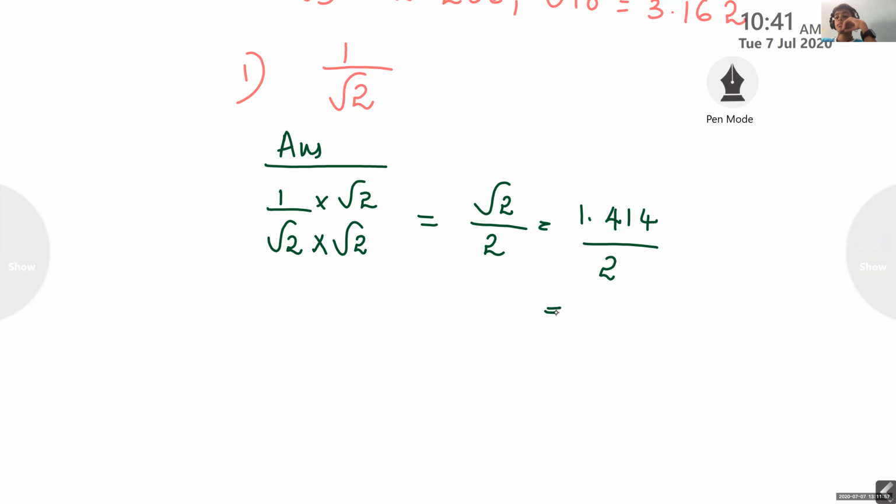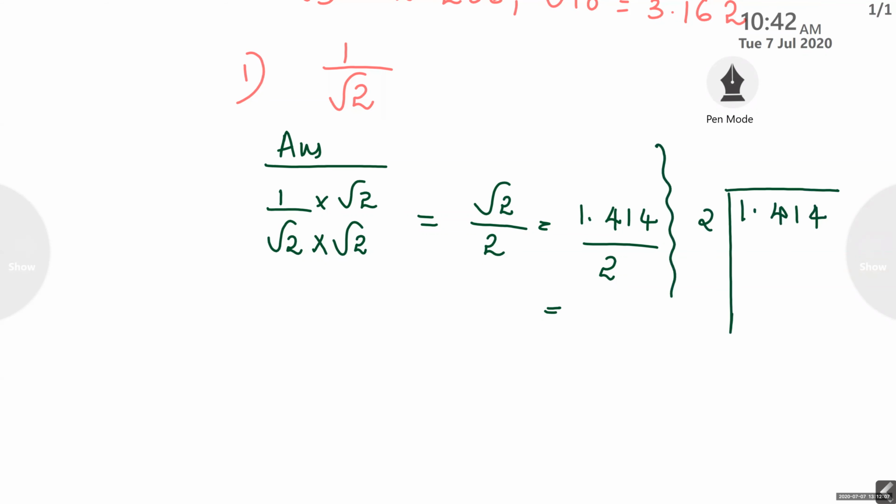See, 1.414 divided by 2. How will you divide? Bring down 1, and we cannot divide 1 by 2, so indicate that with a 0 there. Now again one more number you are bringing down.